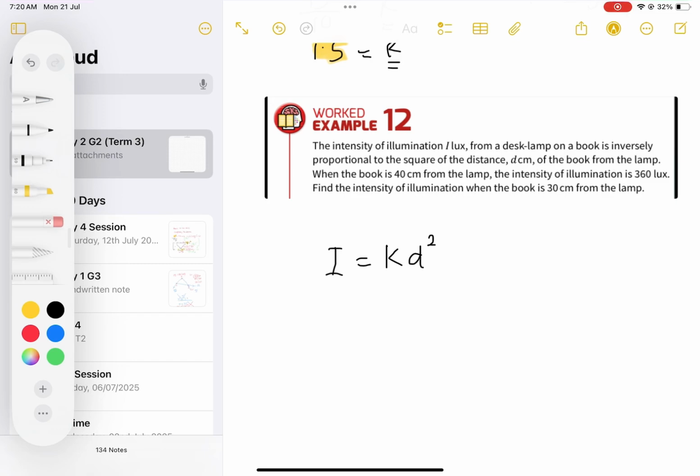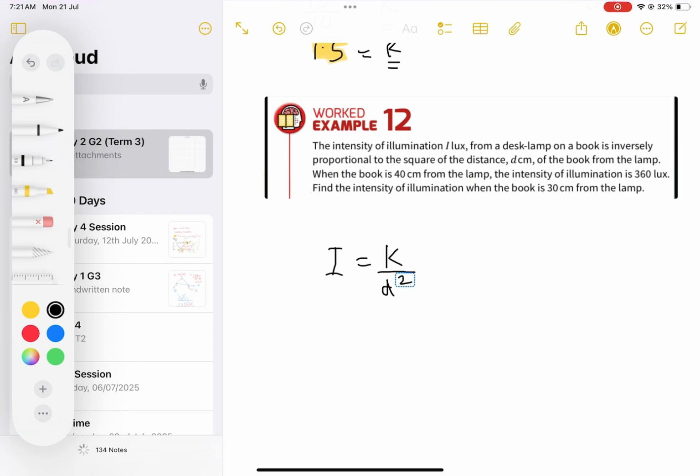Instead of it joining with the K, it's actually the downside of the K. Sorry, not X, but D square.